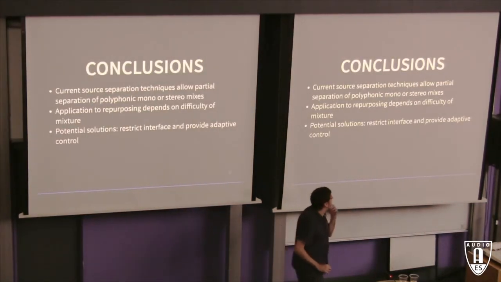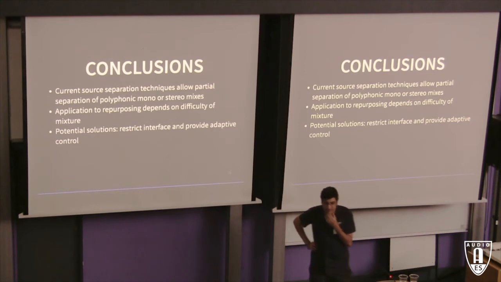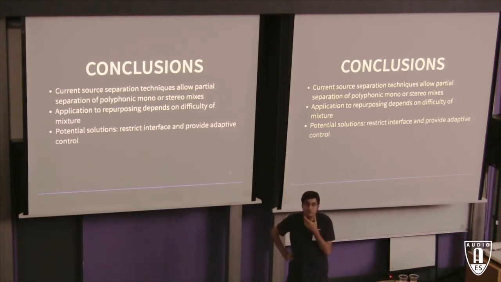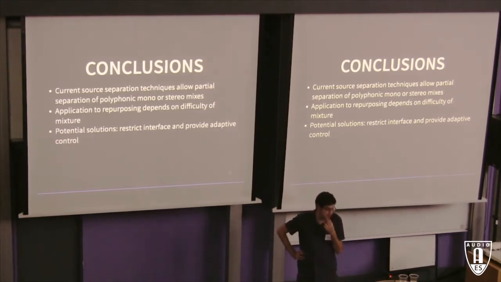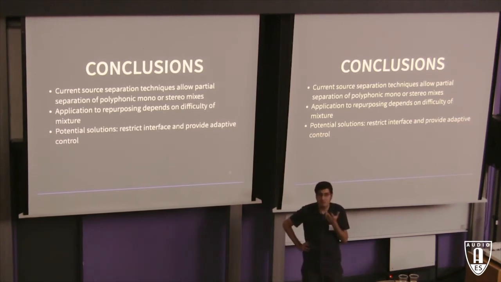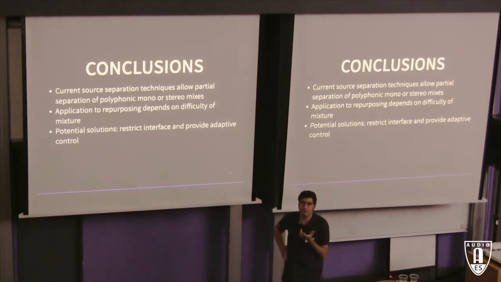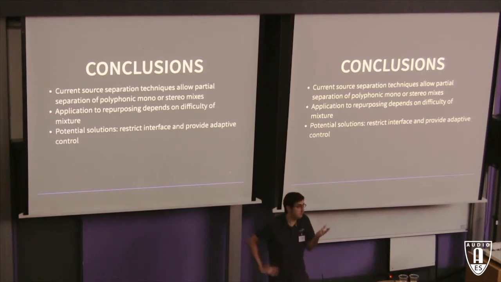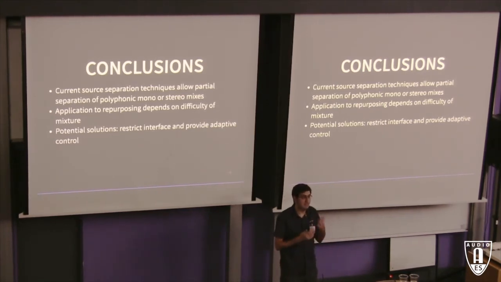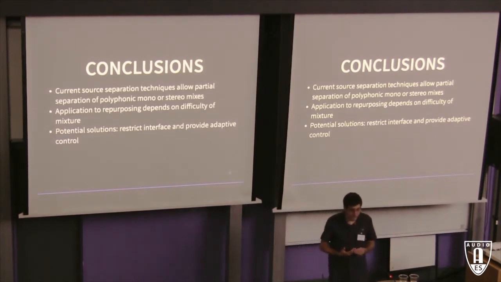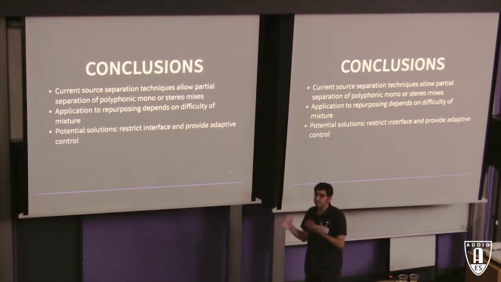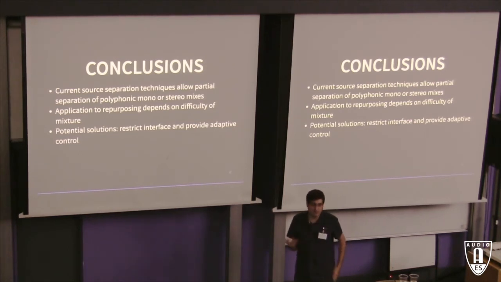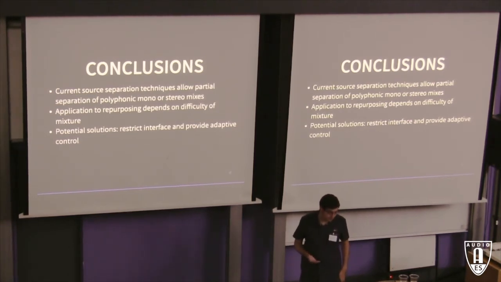So I'm going to conclude. The current techniques that we have for source separation don't give perfect results. It may be that they won't give perfect results for a long time. I showed you that even in the ideal case, it may be better to use a soft mask, which already has some leakage from interference sources. So we can already use these tools in this space that goes from non-perfect to almost perfect for applications like remixing and upmixing.